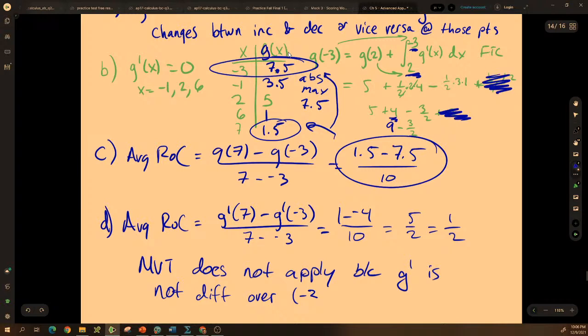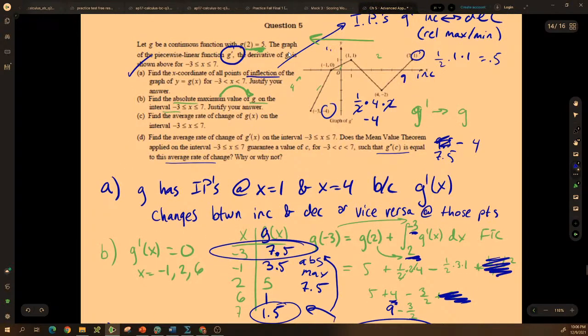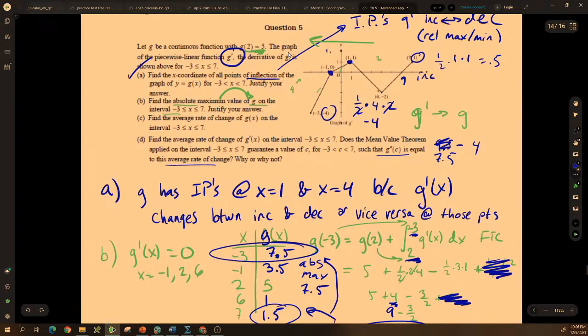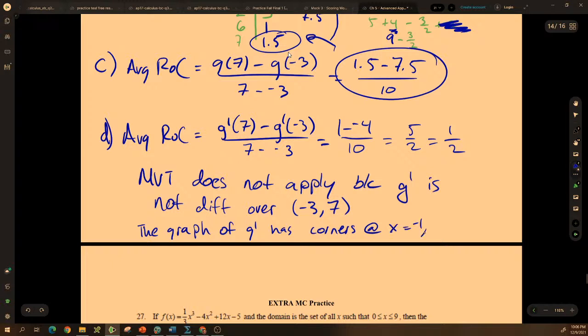And you could add on to that, the graph of g prime has corners at negative 1, positive 1, and positive 4, so it is not differentiable. So that's all of that.